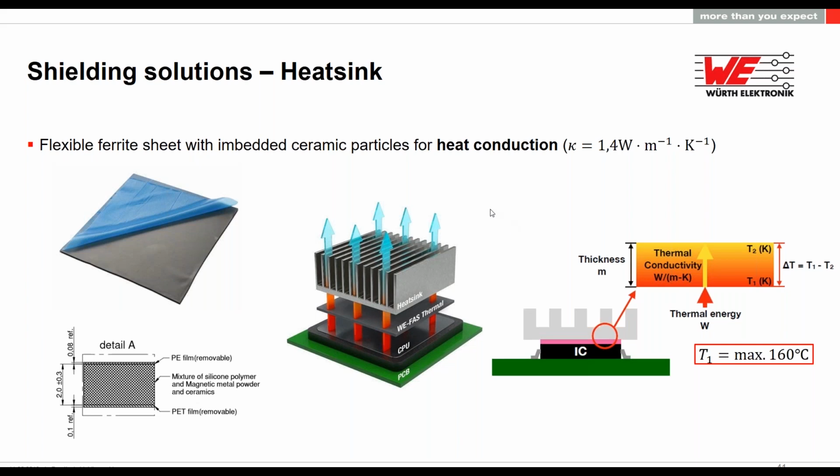Heatsinks are many times an issue with these topics because they can act as antennas. When they act as an antenna, they can create parasitic capacitance between the heatsink and the ground plane. So by using these materials, we're avoiding both problems. We are solving the thermal issue and the electromagnetic issue.